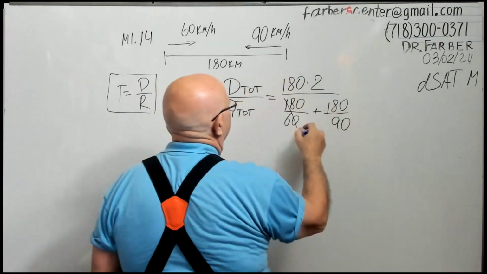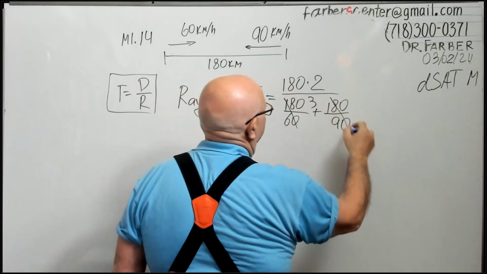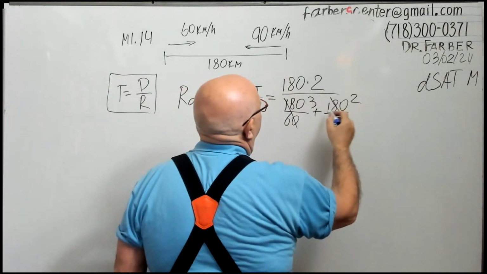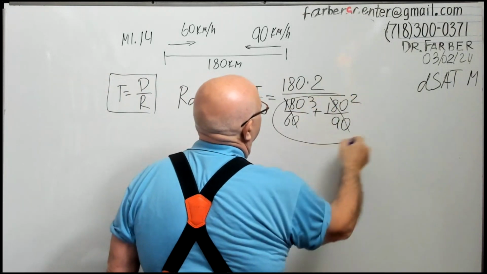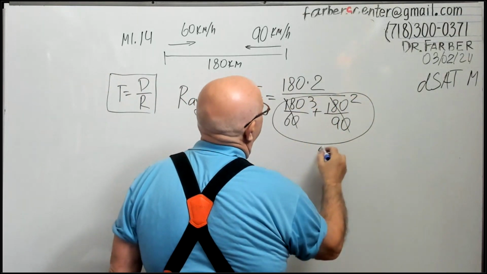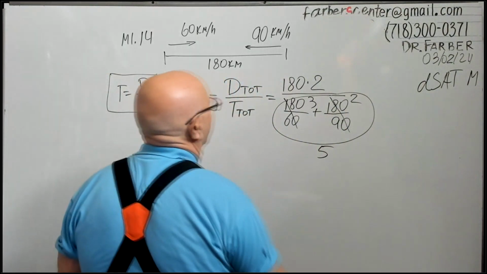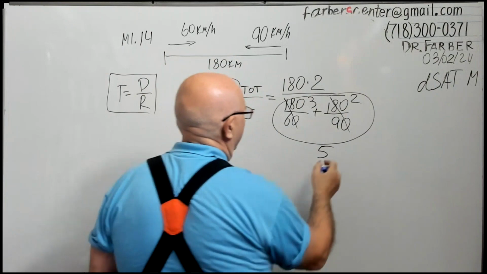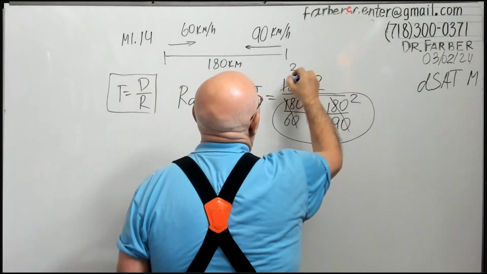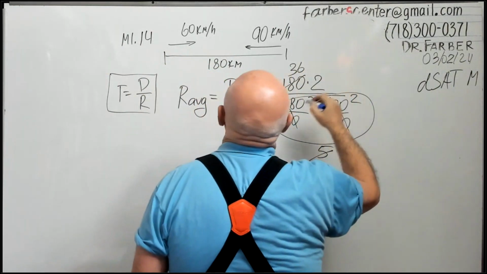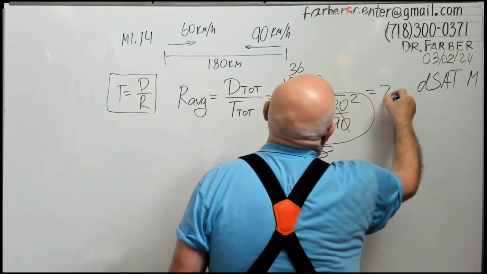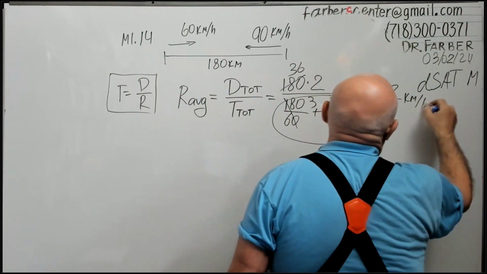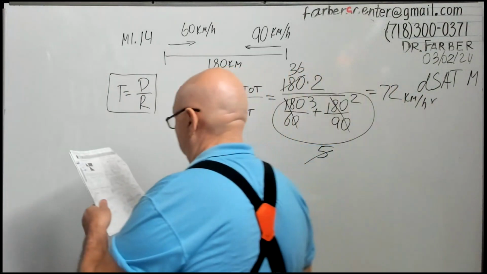So this is 3, this is 2, and overall 5. 5 goes into 180 36 times, and 36 times 2 is 72 kilometers per hour. This is the average rate.